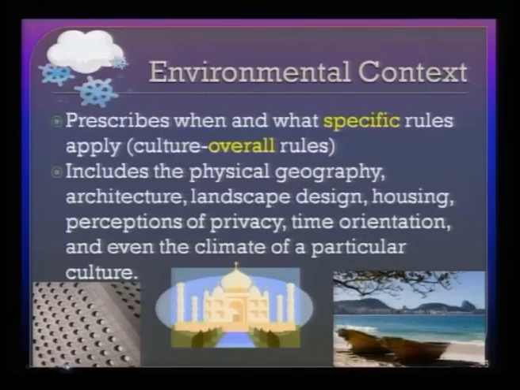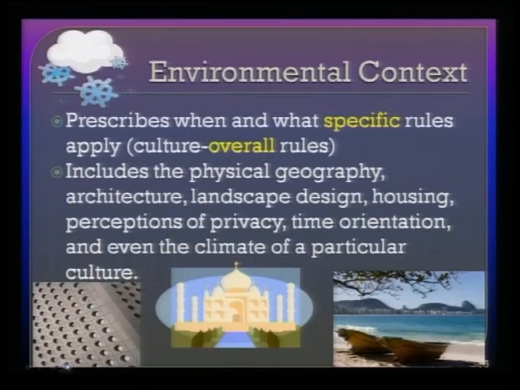Even designing where the bus station will be, where the railway station will be, where you will keep airports, and where people will live. The town planning itself comes under this landscape design. Housing: where to keep people, how many houses you will give them, in which place, etc. Perceptions of privacy: can you intrude on somebody late at night?